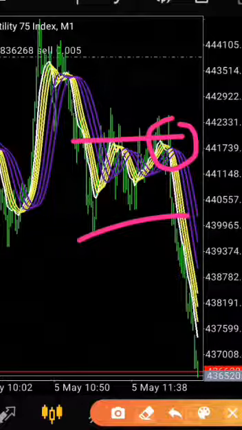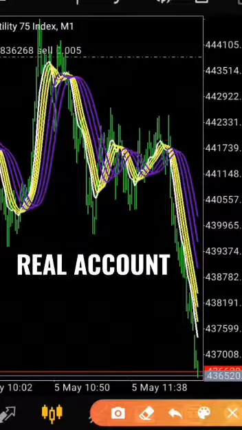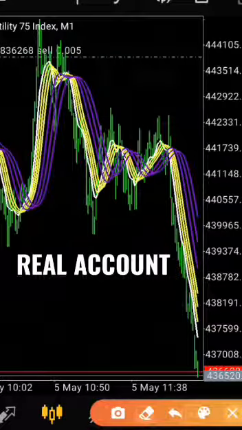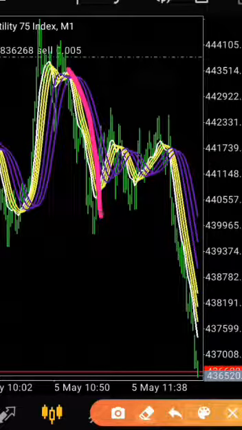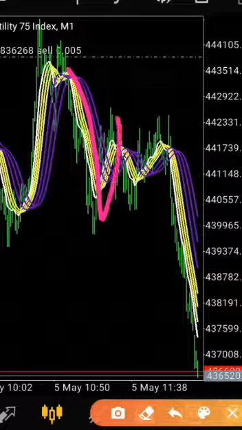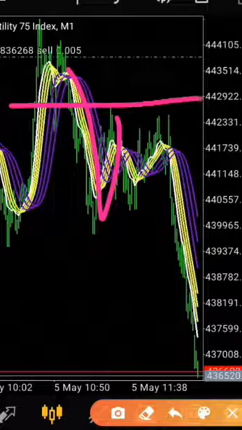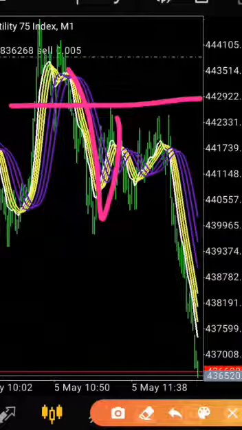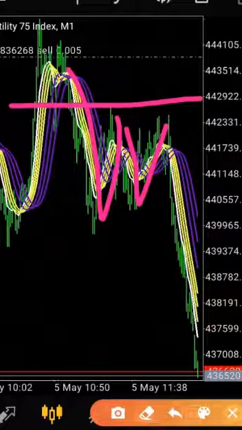But what I was actually doing in the live market on my live account was that as the market went from here to here and started reversing to here, I put a stop loss over here, so that if it wanted to reverse to the top, it would hit the stop loss.